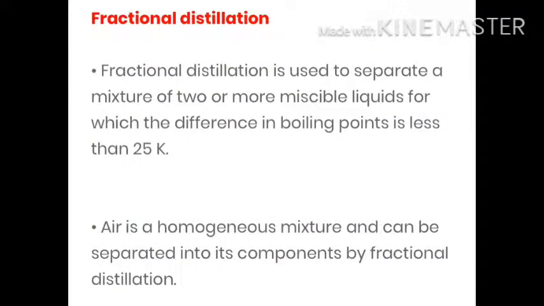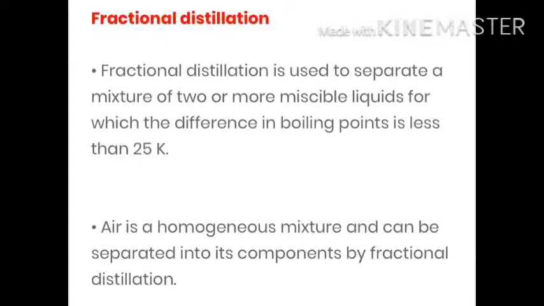Now fractional distillation. Fractional distillation is used to separate a mixture of two or more miscible liquids for which the difference in boiling point is less than 25 K. Air is a homogeneous mixture and can be separated into its components by fractional distillation.